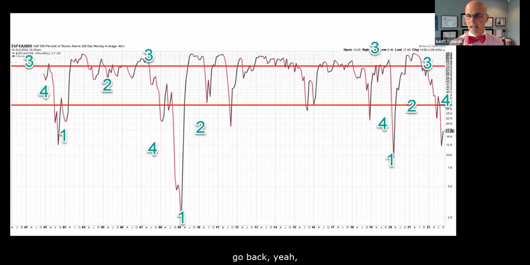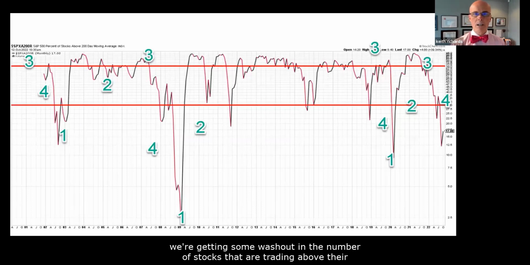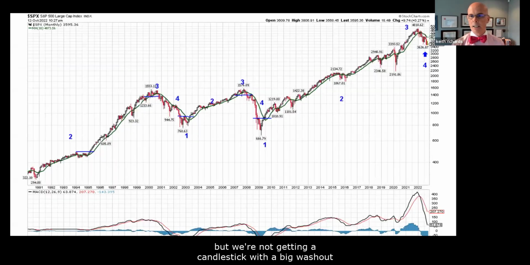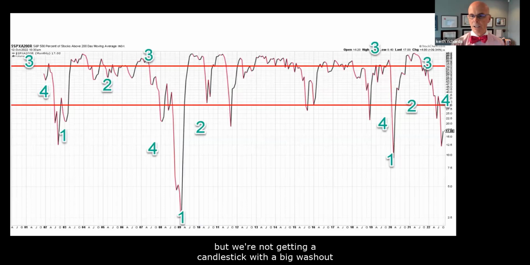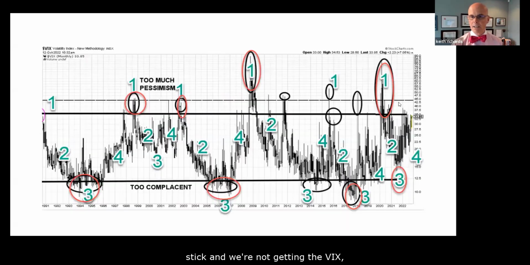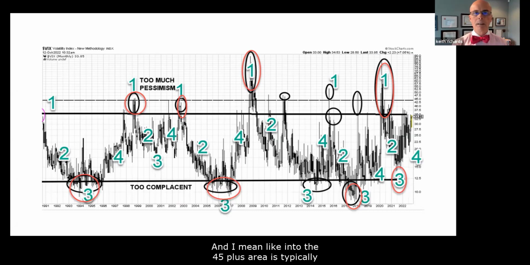So we go back, yeah, we're getting some washout in the number of stocks that are trading above their moving average, but we're not getting a candlestick with a big washout stick, and we're not getting the VIX, which typically spikes way over 30, okay? And I mean like into the 45 plus area is typically the bottom of a true bear market.